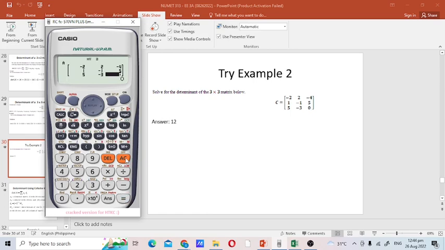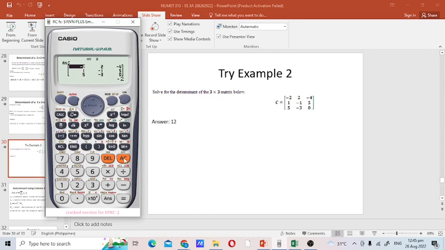Okay, and then press AC, then shift 4, then 3, matrix A. Okay, so we verify. Negative 2, 2, negative 4, 1, negative 1, 5, 5, negative 2, 0.